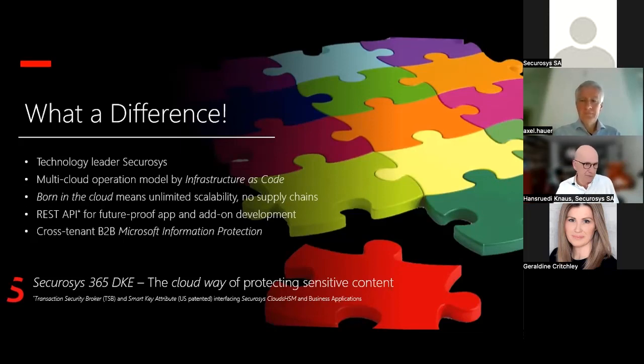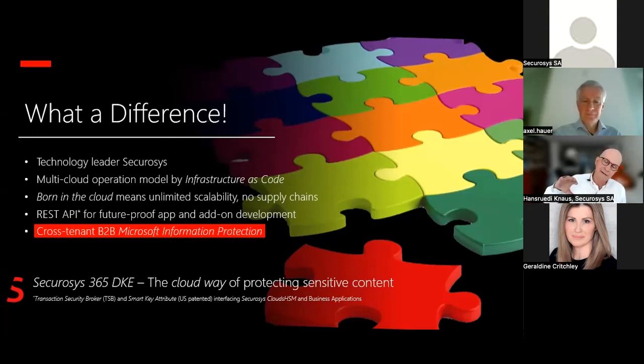And that's most important to me, and actually I'm addressing the colleagues from competitors I have seen on the participant list. We have cross-tenant B2B Microsoft Information Protection. What this means is we can support sharing secrets between two Microsoft 365 tenants or two Office 365 tenants.